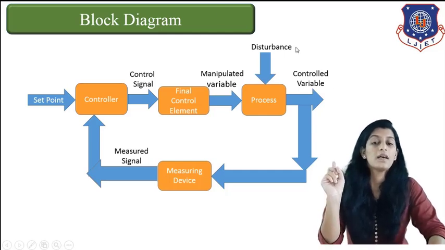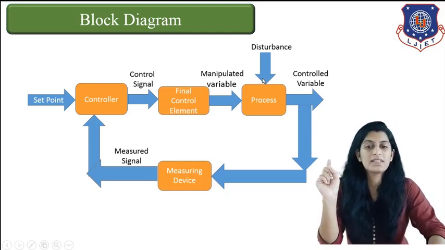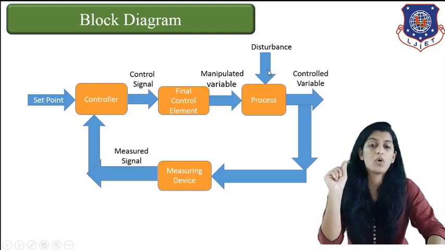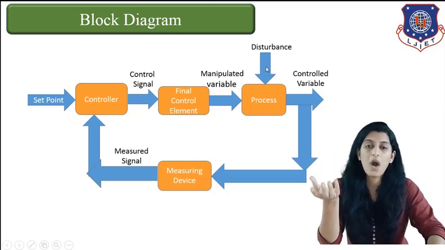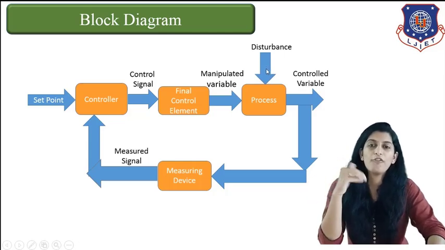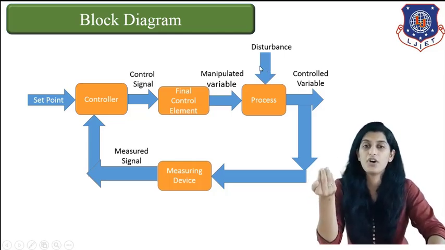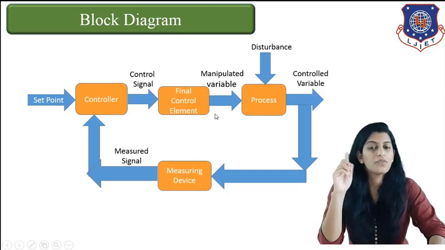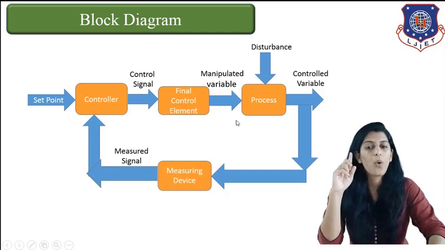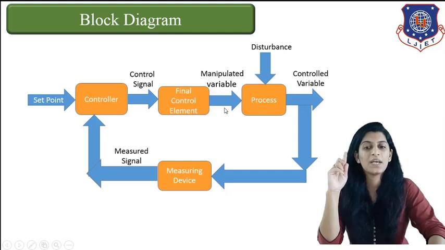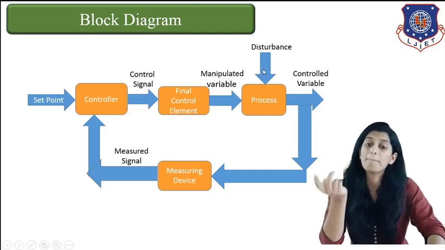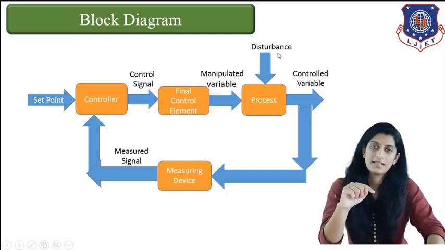Correct. We are having a disturbance here. The purpose or duty of the disturbance is to provide some kind of barrier in achieving your desired goal. So by providing the manipulated variable, we are trying to compensate for this disturbance. Correct.